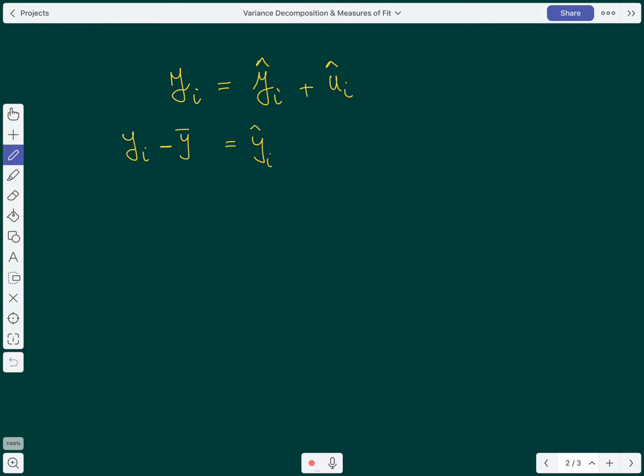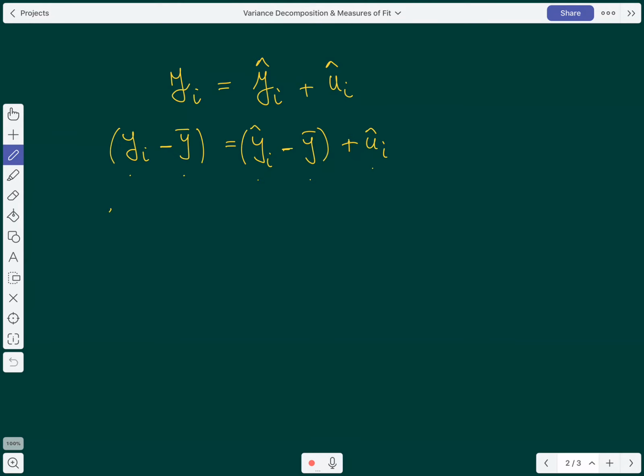So I can subtract y bar from both sides. This one is a deviation of the actual y from the average value. This is a deviation of the estimated y from the same average value, and this is your error term.